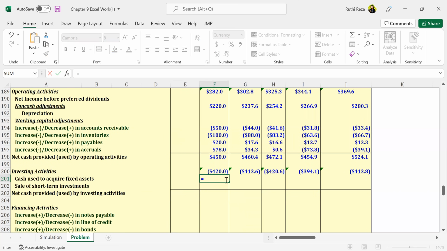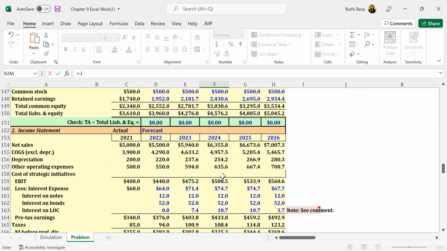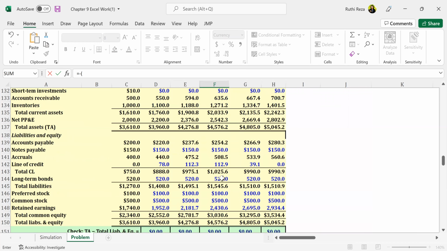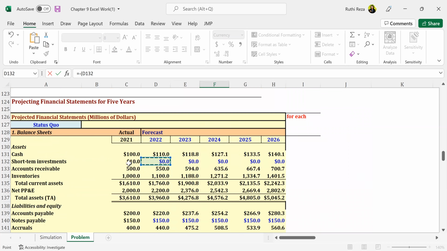Next, now we are gonna consider our investment accounts, short-term or long-term investment accounts right here. In this case, we don't have any long-term investments, but we did have some short-term investment. So let us do it. So again, any increase will be negative cash flows, but any decrease should be positive cash flows. So this minus this.